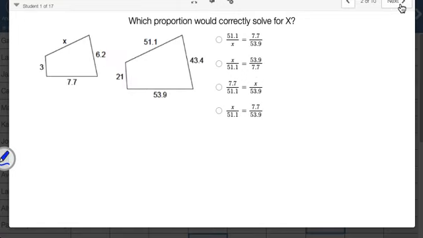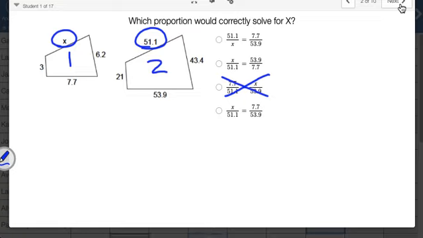So again, my advice for you is shape 1 to shape 2. And x is here. It needs to match up with 51.1. So if x is ever diagonal from 51.1, we know that that doesn't work. Okay, so we could maybe immediately get rid of that third option.